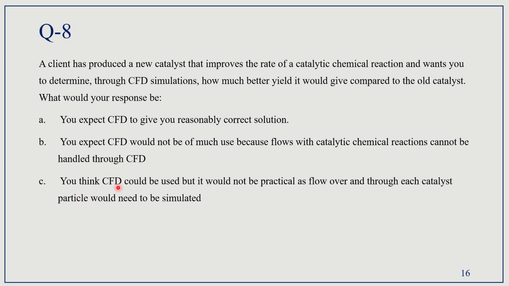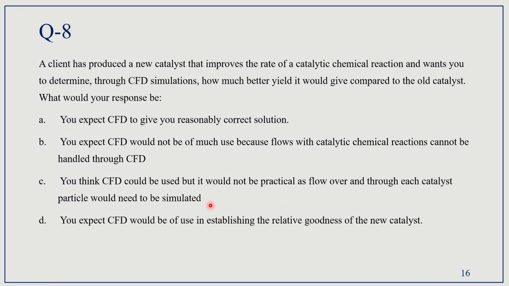Option C, you think CFD would be used but it would not be practical as flow over and through each catalyst particle would need to be simulated. Option D, you expect CFD would be of use in establishing the relative goodness of the new catalyst.